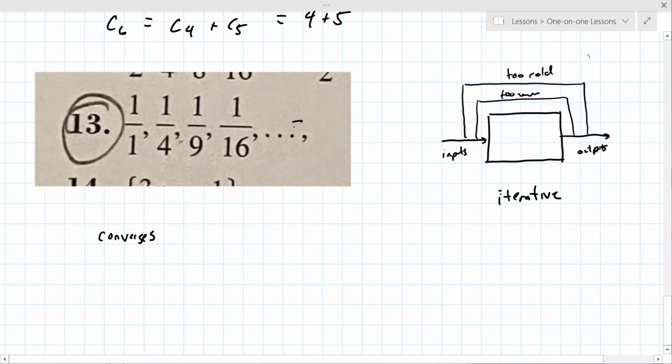So this one converges to 0. So we're going to just briefly say like 1 over a large number is 0. 1 over a small number is infinity. And that's about as far as we can go in this class.